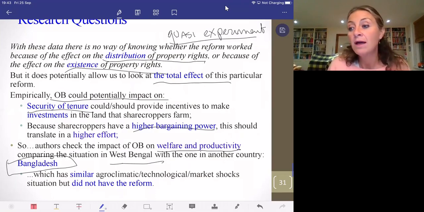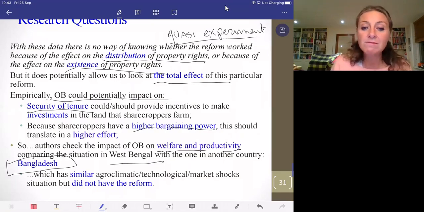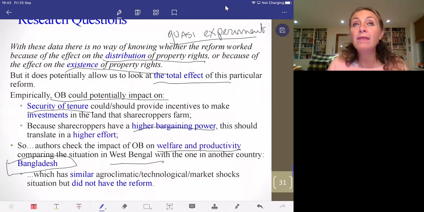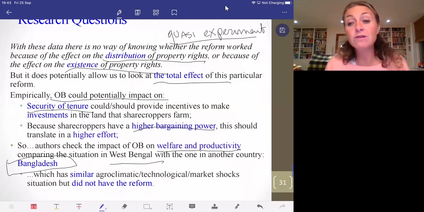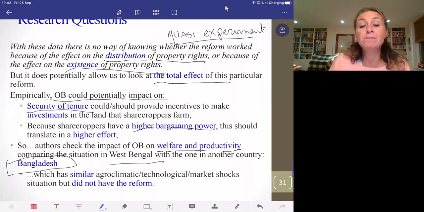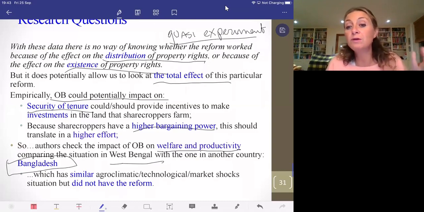They have the same climate conditions, they have the same technology, and therefore we can think that whatever agricultural shock, weather shock, or productivity shock might affect West Bengal would have also affected Bangladesh, pretty much in the same way. Both countries have a prevalence of the tenancy agreement, so we can consider Bangladesh as being the control group of the treatment group represented by West Bengal.